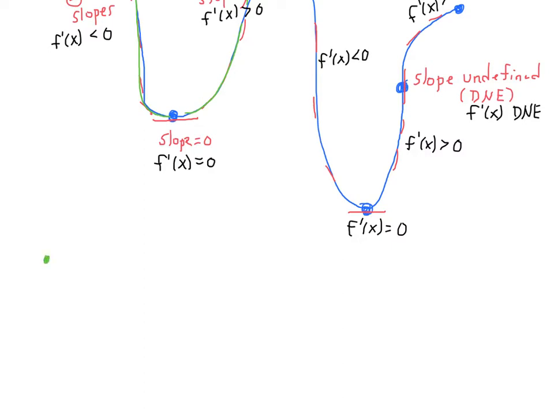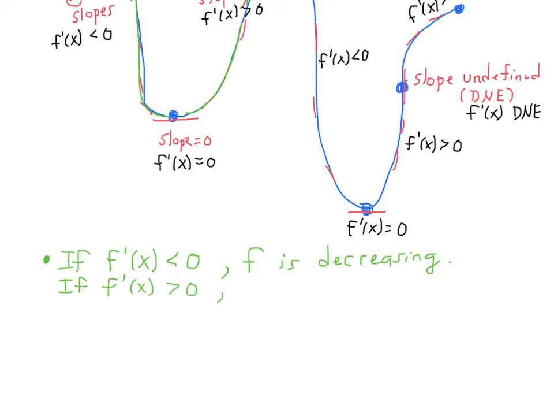So if f prime of x is less than 0, in other words it's negative, f is decreasing. So notice f prime is used to describe f. And likewise, if our derivative, f prime of x, is greater than 0, so if it's a positive number, f is increasing.